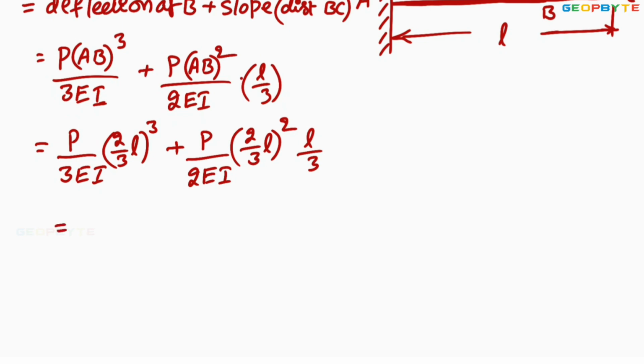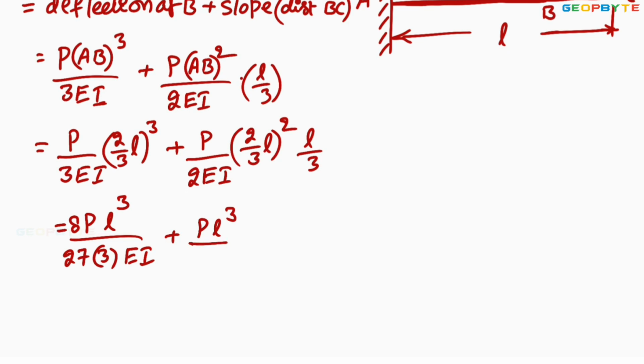So it is equal to P into L cube into 8 by 27 into 3 into EI plus PL cube by, the numerator 4 divided by 3 square 9 into 3, 27 into 2EI.